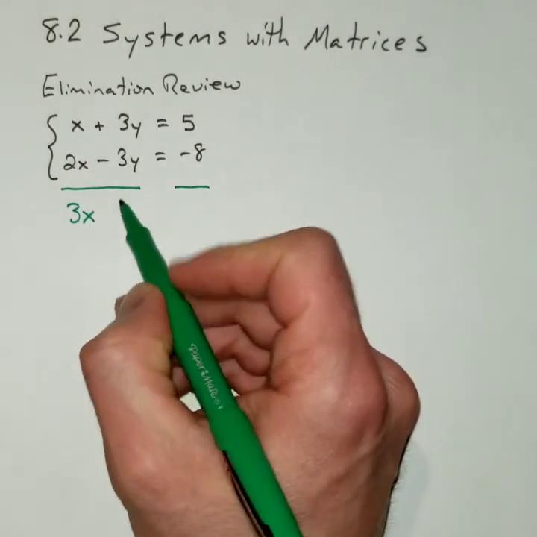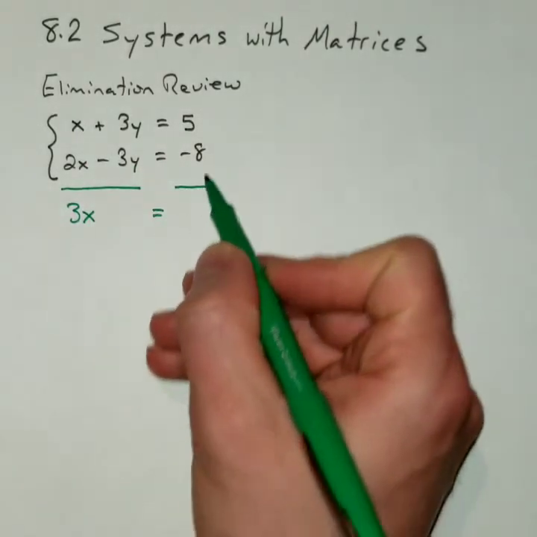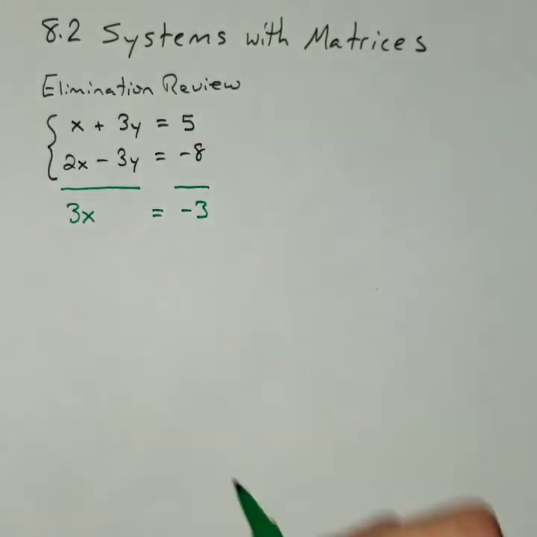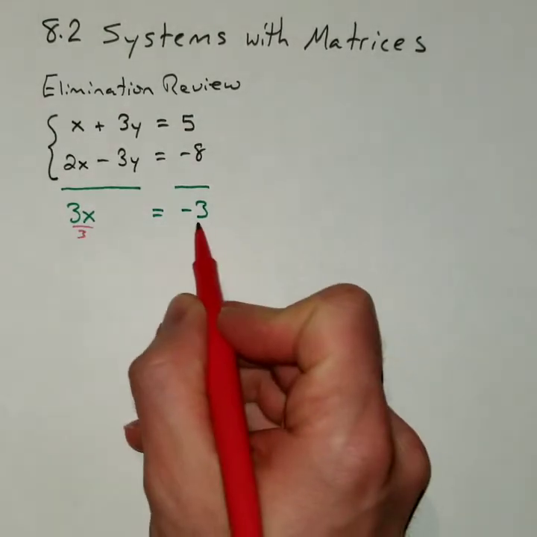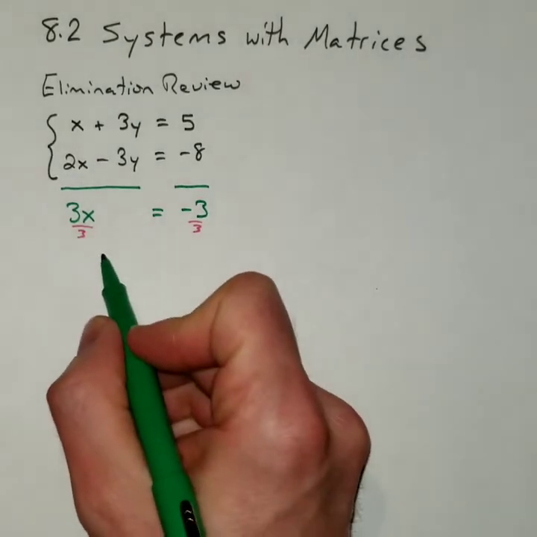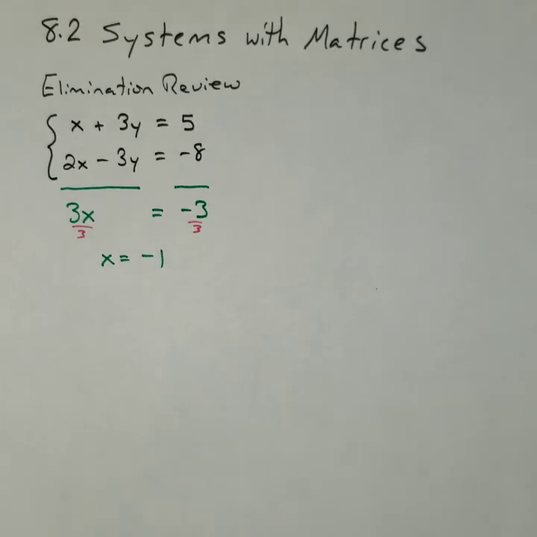The y's drop out, and 5 and -8 make -3. Then we can divide both sides by the 3, and we get an answer for x of -1.